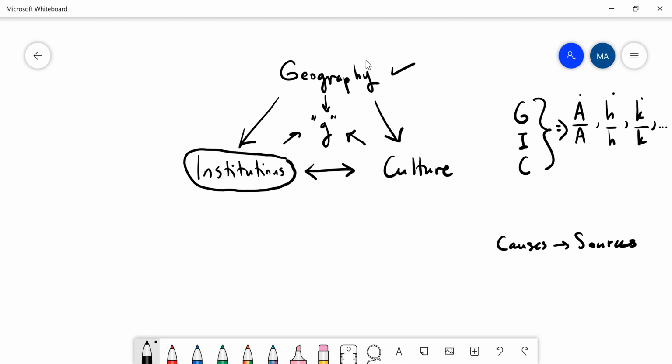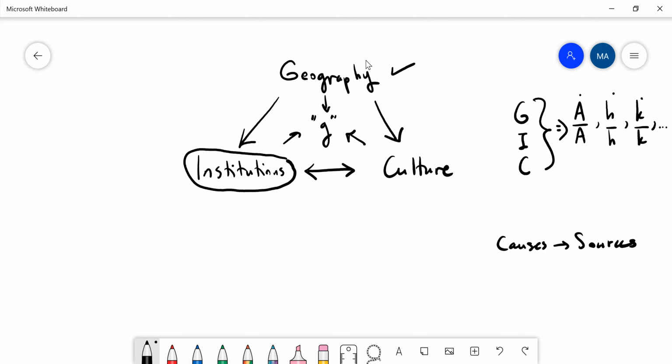And when we say institutions, of course we have to define what an institution is and what is the function of an institution in determining the pace of technological progress or the pace of human capital accumulation in the economy, right?